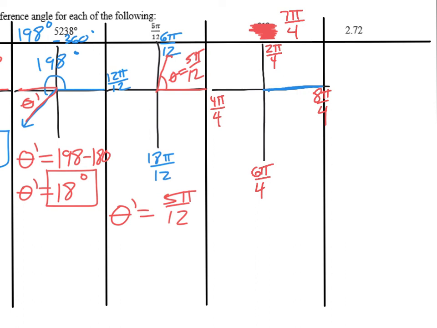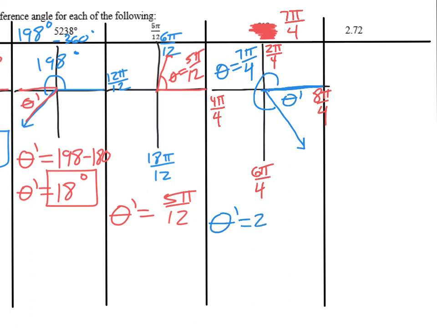I'm just looking at the denominators and saying, okay, where does 7 go? Past 2, past 4, past 6. There it is. Theta 7 pi over 4, okay? Of course, theta prime is right in here.